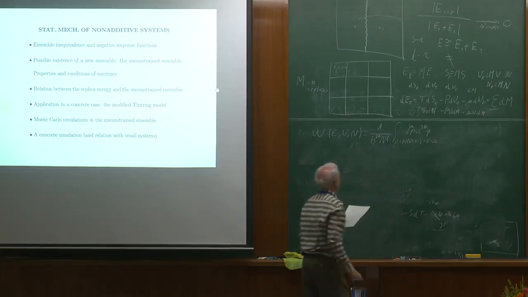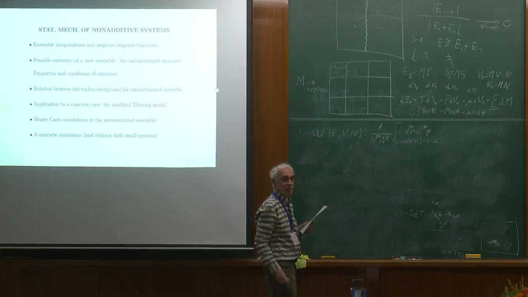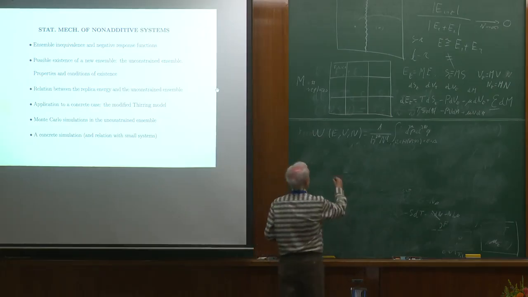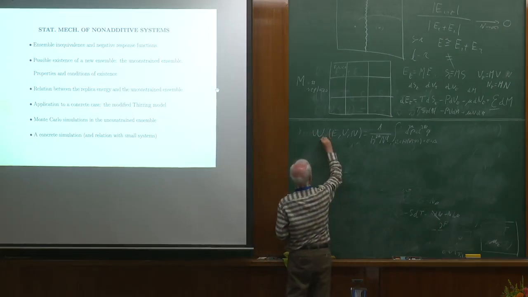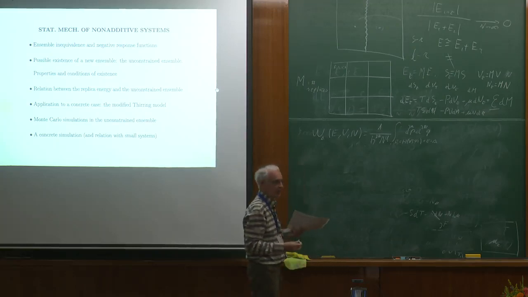Practically this is the number of states in an energy shell between E and E plus delta. Fortunately, when you do the calculation, what you find does not depend on delta.